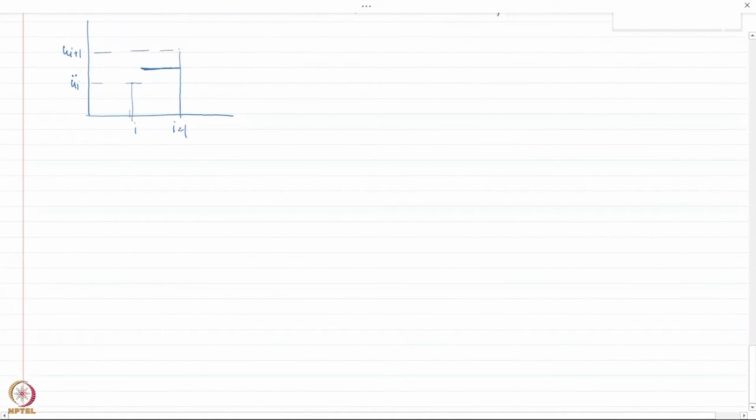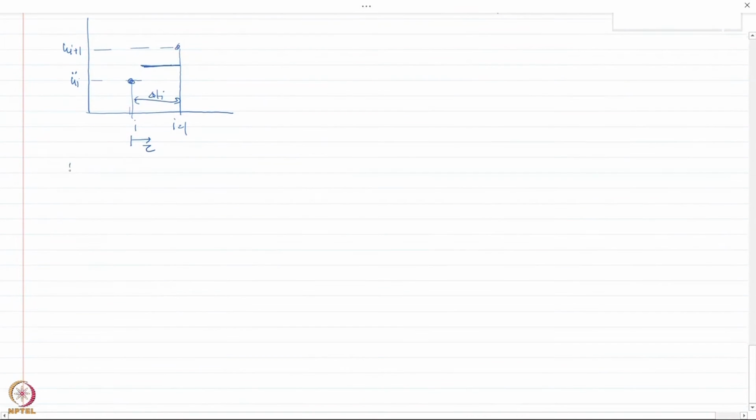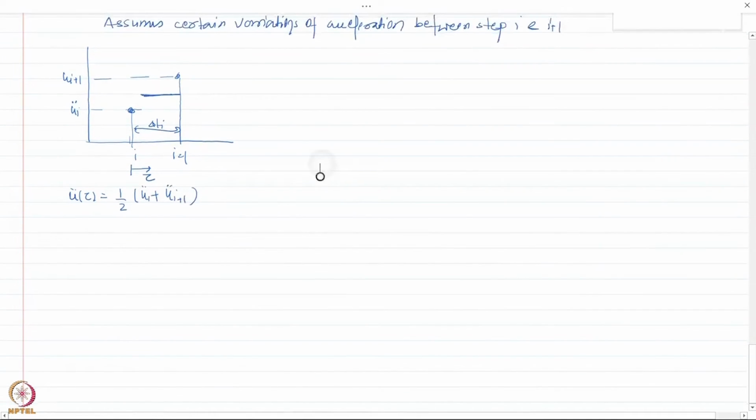Let me represent time in terms of the variable tau. Remember, the total is delta ti. For any point in between i and i plus 1, the acceleration would be simply a constant value, the average of these two values. So I will write u double dot of tau as the average of ui double dot and ui plus 1 double dot. So the acceleration is assumed to be constant.